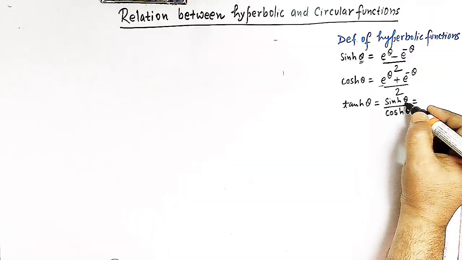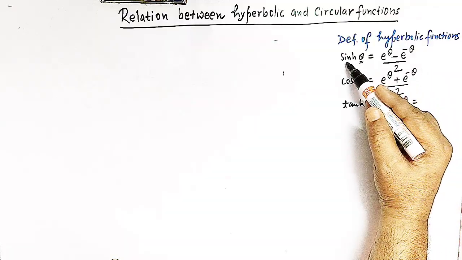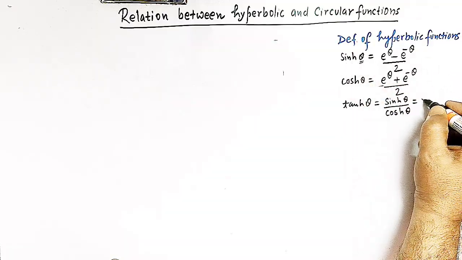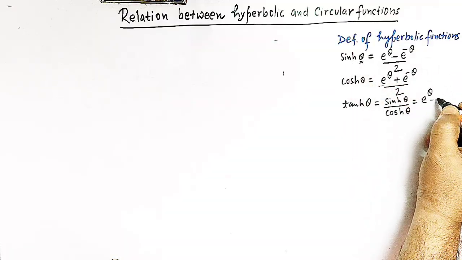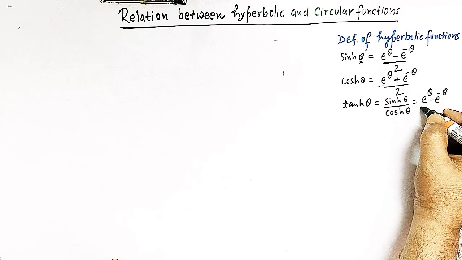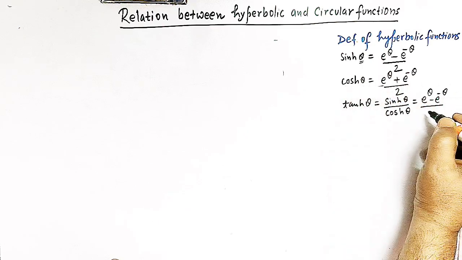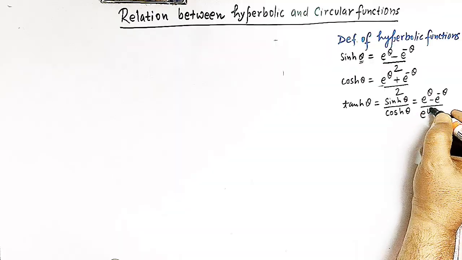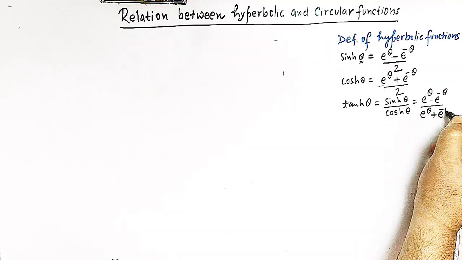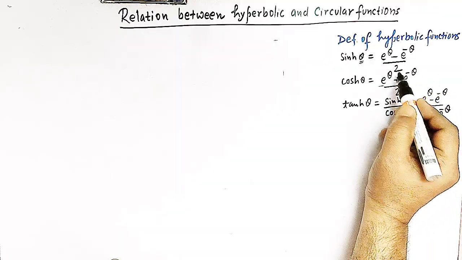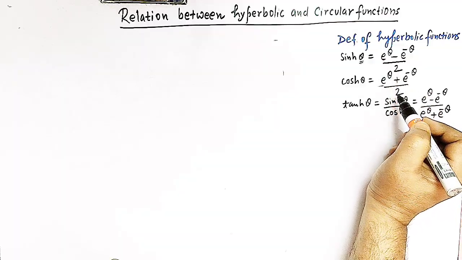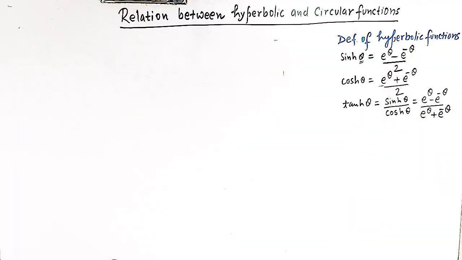So here we write the value of hyperbolic sine of theta, that is e raised to theta minus e raised to minus theta, and here we have hyperbolic cosine of theta, that is e raised to theta plus e raised to minus theta, and these twos, that is this two and this two, get cancelled, right?